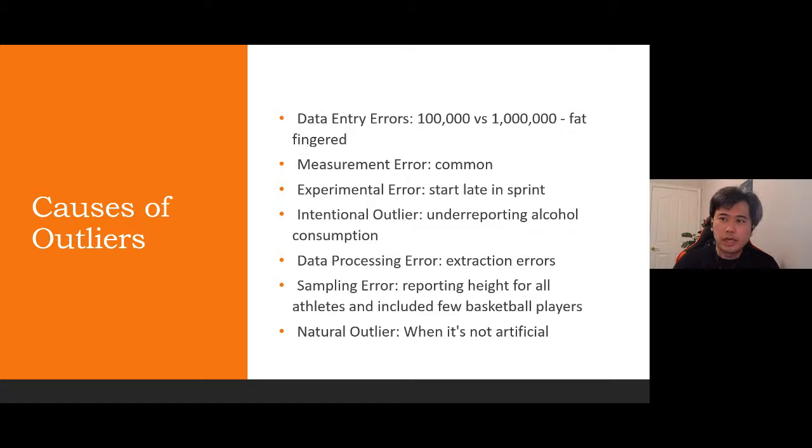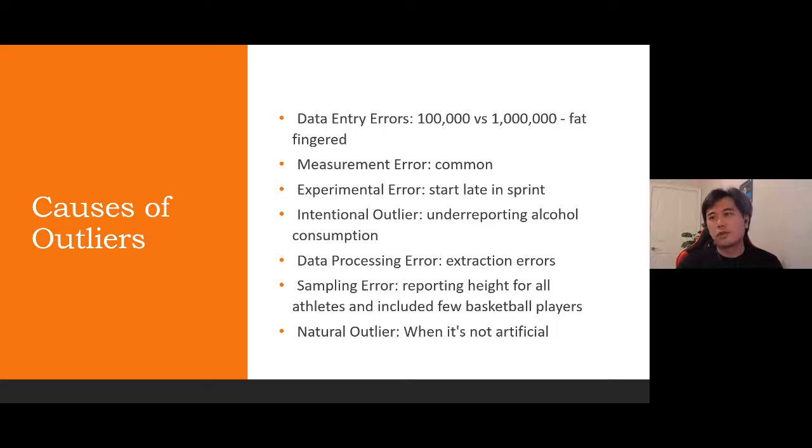Another one is intentional outliers. A good example of that is when someone reports alcohol consumption, especially teenagers, right? Most likely they would say they don't drink as much compared to the real truth.